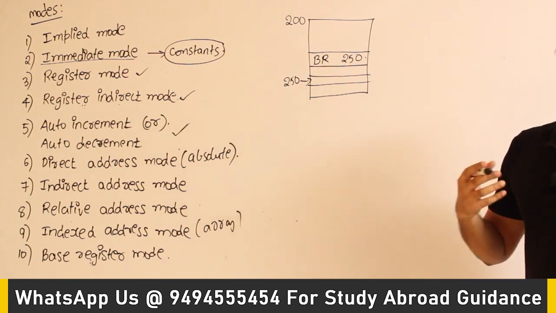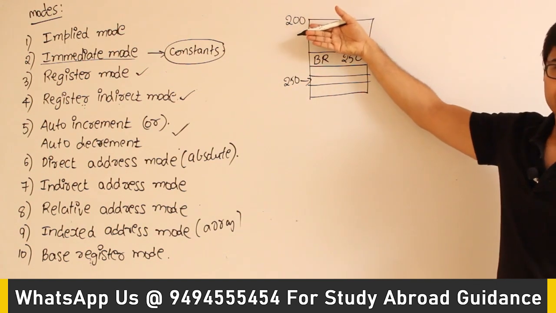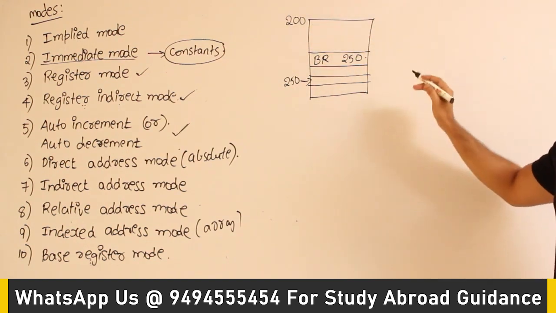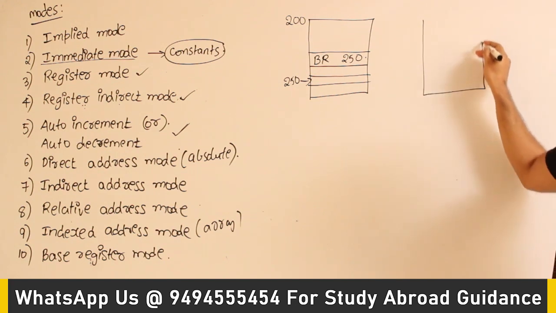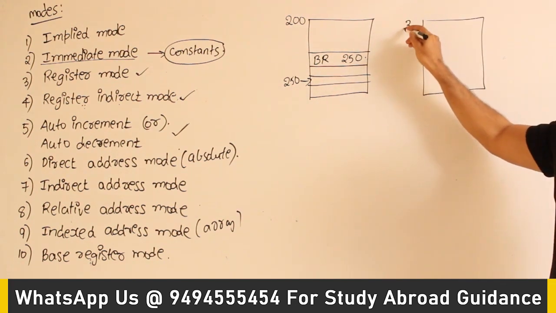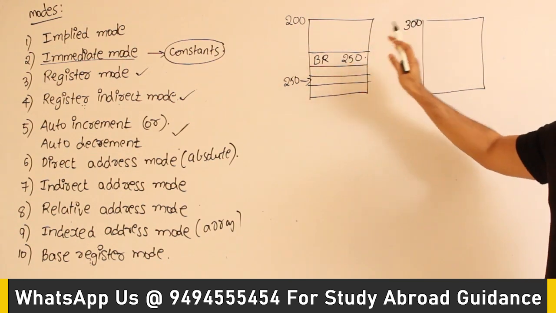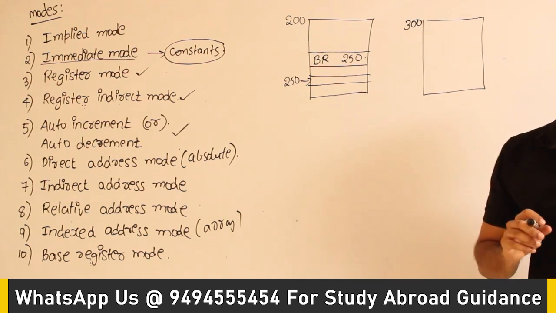Now let us say this program is moved from 200 to 300, which means this entire program is moved out and then moved in. When it is moved in, it is placed at address 300.